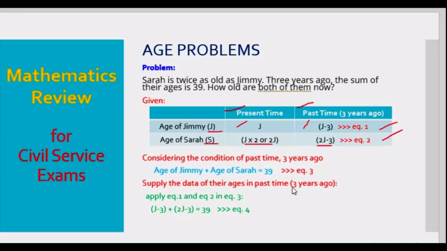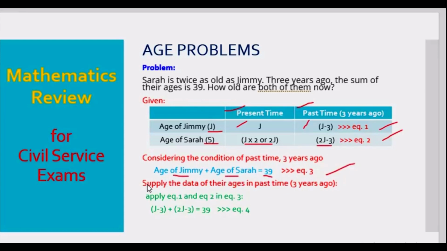Okay. So considering the conditions 3 years ago, the given problem has the condition that the sum of their ages is 39. So the age of Jimmy 3 years ago plus the age of Sarah 3 years ago is equal to 39. So this is now our equation number 3.